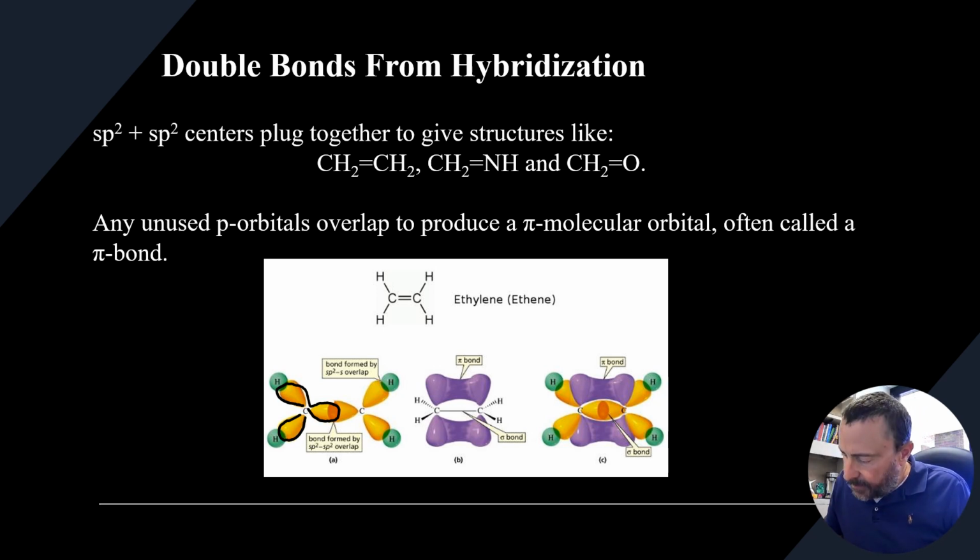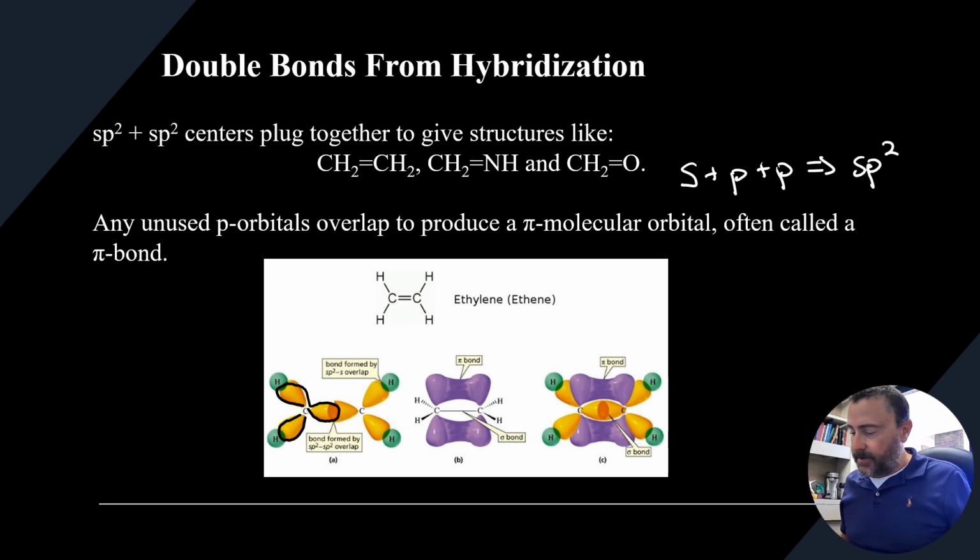We have used up an s plus a couple of p orbitals, which gives us our sp2, but there's an unused p orbital in both of these carbons. Those unused p orbitals can have this side-by-side overlap where another bond can occur.